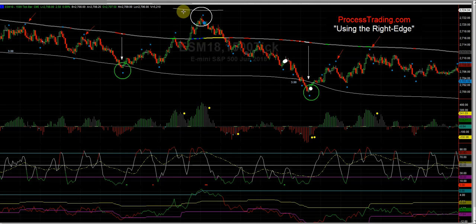That's this white band here and the white band right here. On today's chart, price did touch the contrarian band right here and down here, and those are two trades that we're going to talk about. This trade was a discretionary trade because it didn't reach the contrarian band.